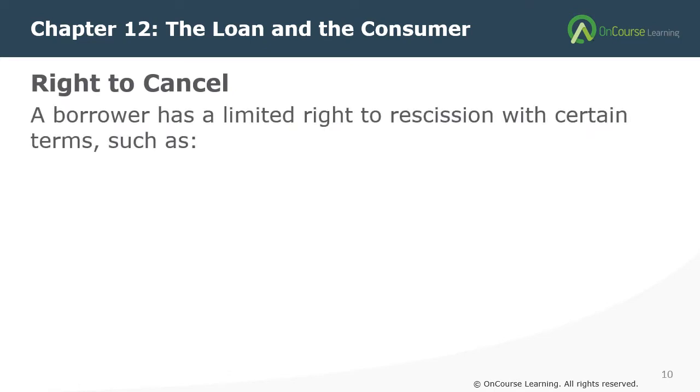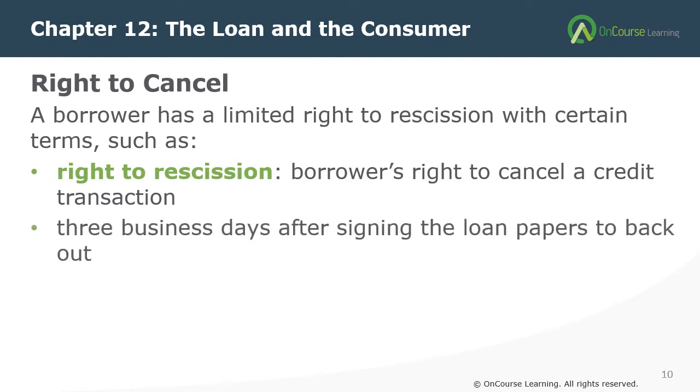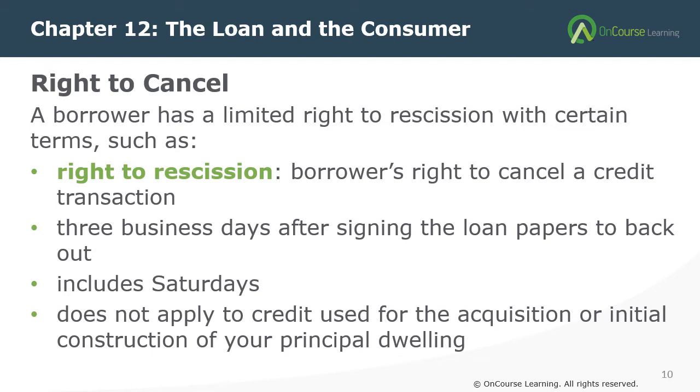A borrower has the right to cancel. They have a limited right of rescission with certain terms. In other words, they can cancel a credit transaction as many as 3 business days after signing the loan papers to back out. Now that does include Saturdays, and it does not apply to credit used for the acquisition or initial construction of your principal dwelling.